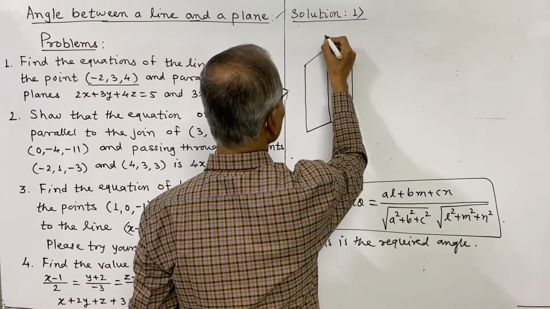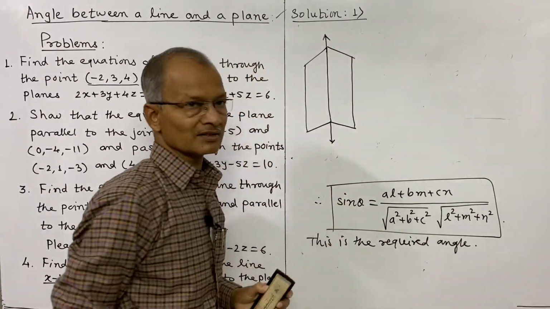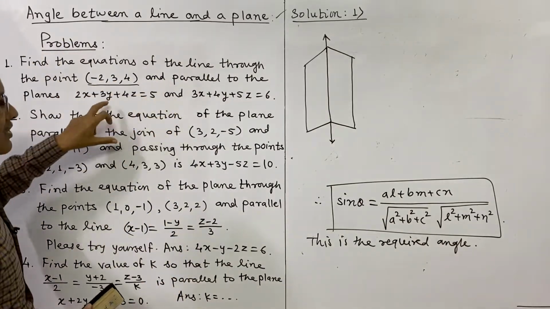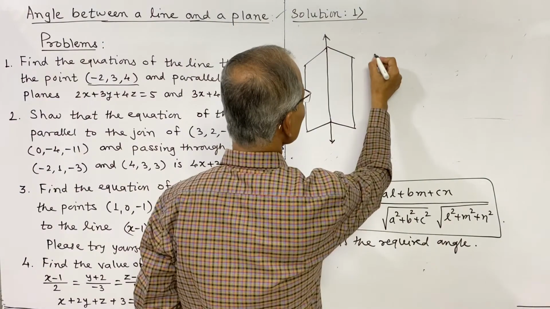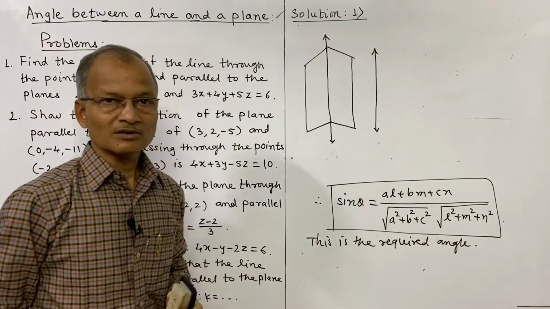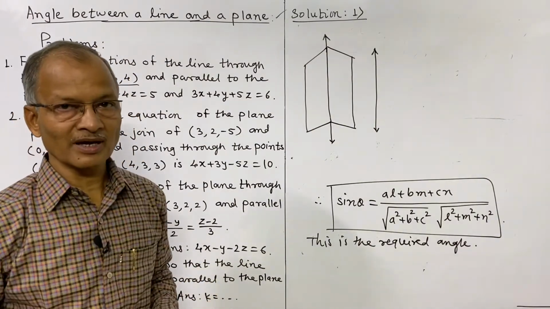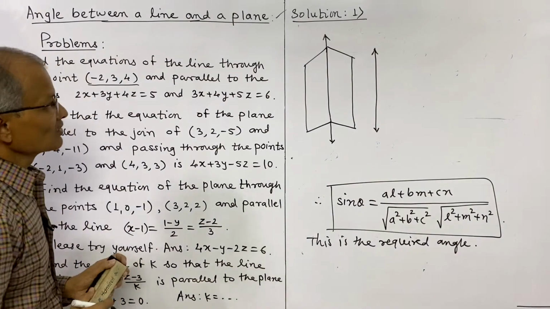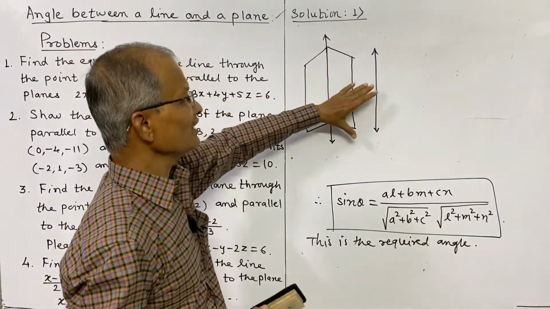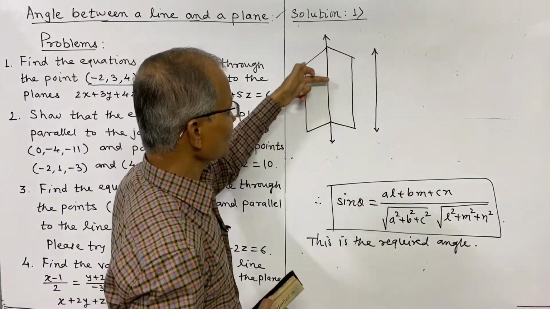The intersection of two planes is a line, and the given line is parallel to these two planes. That is the situation here. And how do we use this fact to obtain the DRs of the line? If the line is parallel to both the planes, then the line is perpendicular to the normals of both planes.